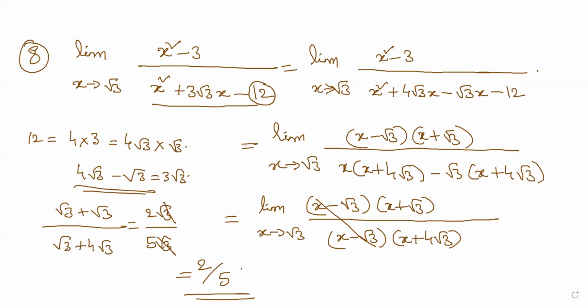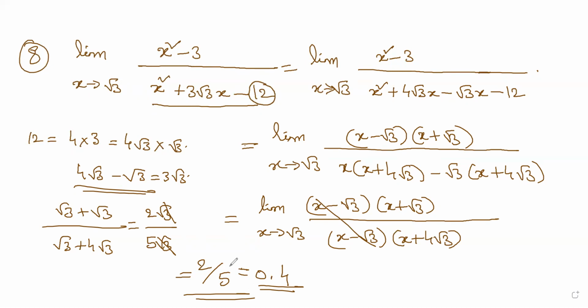And this is not a recurring decimal. It stops at 0.4. Root 3 is irrational, but what I got is a rational value. Root 3 is everywhere in the function, but it ends up with a rational value which is 0.4.